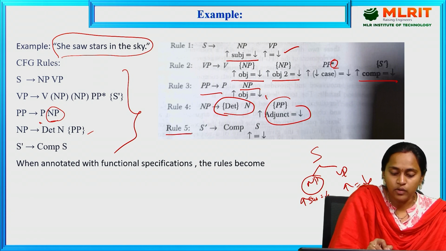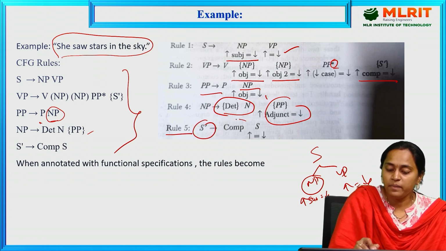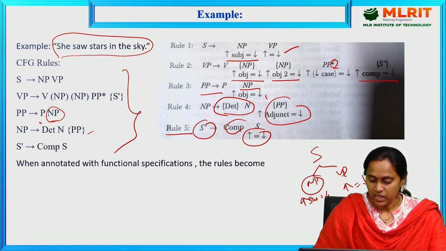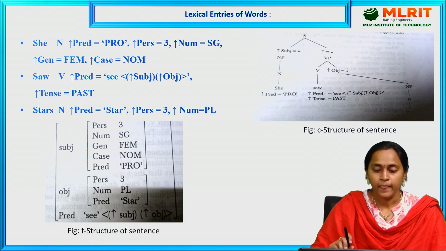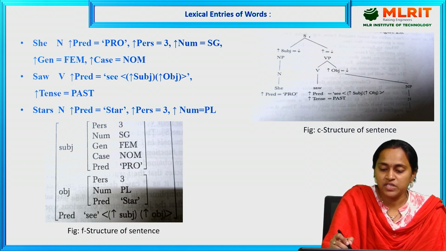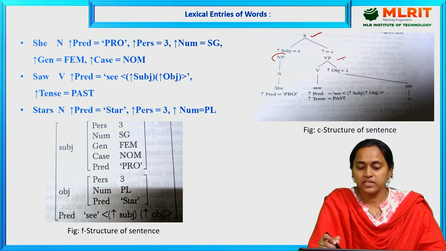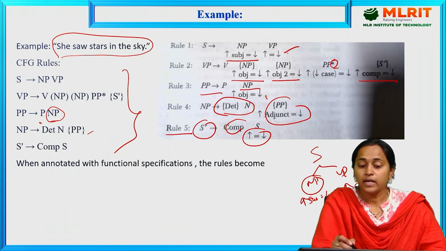See rule 5: the S clause, the complement, with down arrow and up arrow. This is the structure, right? Now see the final structure. What is the first rule? S contains a noun phrase and a verb phrase, right? Left side noun phrase, right side verb phrase.